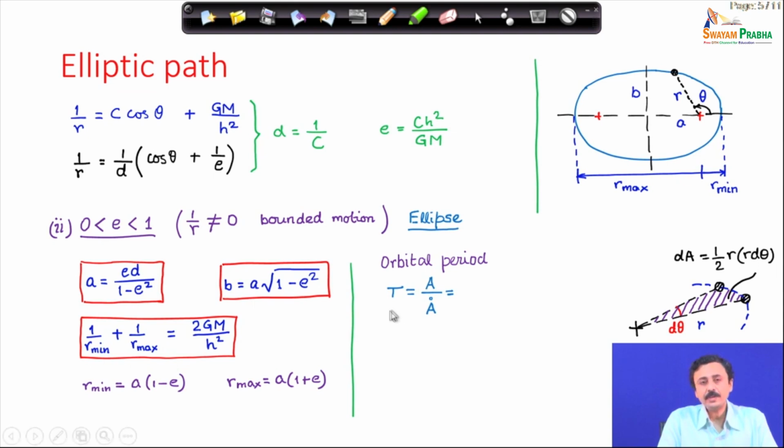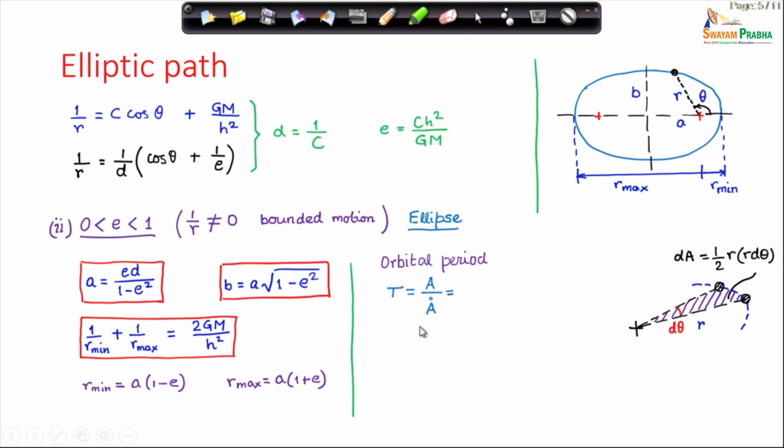Now, the orbital time period is the area of the total orbit in the ecliptic plane. We have defined the ecliptic plane. The orbit is elliptic, so the area is known, and we have to find A dot, the rate of change of this area.